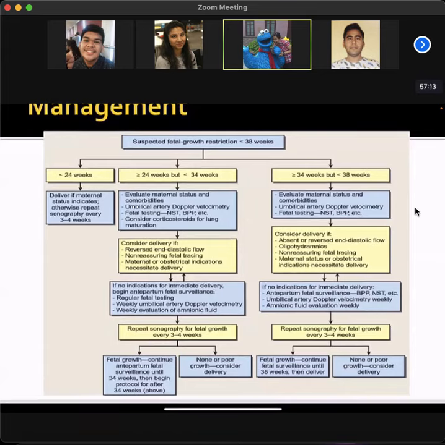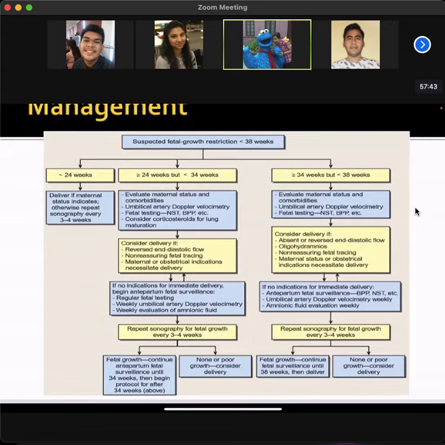If there's suspected fetal growth restriction less than 38 weeks, in babies that are less than 24 weeks, of course, in this case, you already know that we have at least an accurate estimate of the age of gestation. For less than 24 weeks, if maternal status indicates maternal BP of 200 over 100, then deliver.